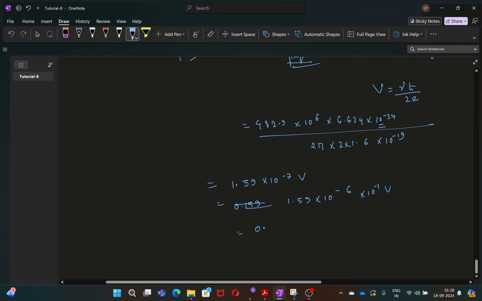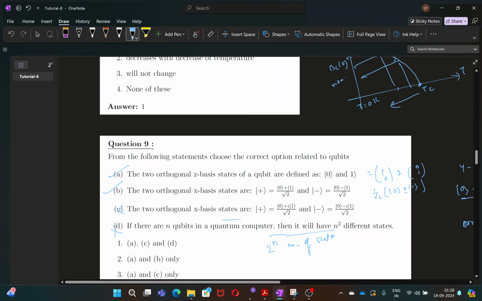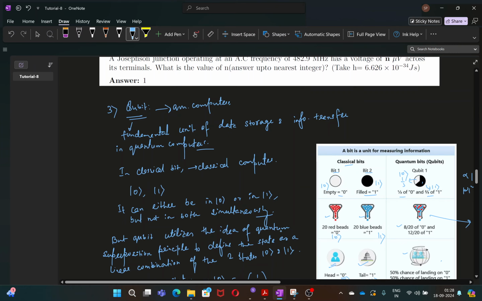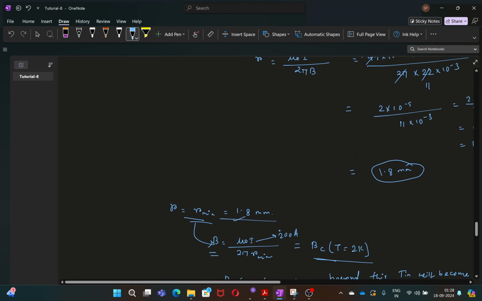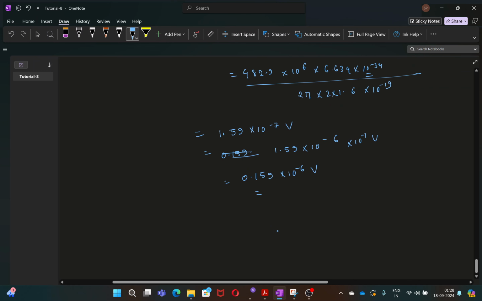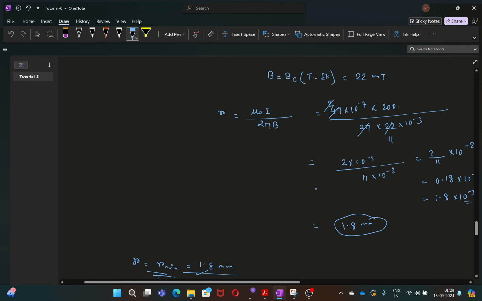This is equal to 0.159 into 10 to the power of minus 6 volt, so this is roughly equal to 0.159 microvolt. Let us check whether the calculation I have done is right or not.